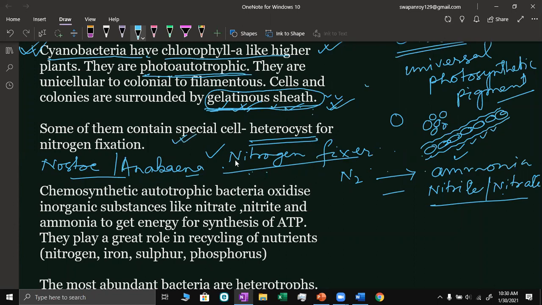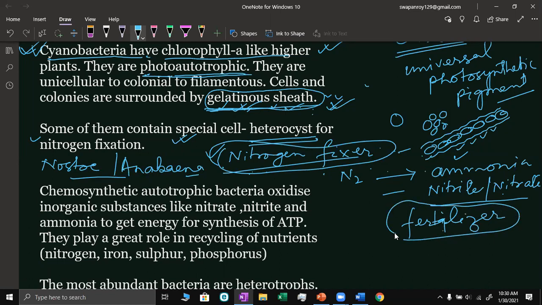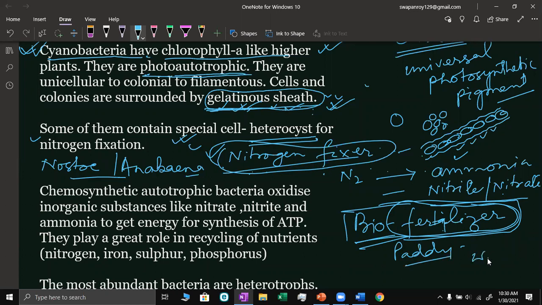Due to this nitrogen-fixing capacity, cyanobacteria are used as fertilizer. We call it biofertilizer, that is, a biological organism used as a fertilizer. Particularly this biofertilizer is used in paddy cultivation, because paddy is a wet cultivation.